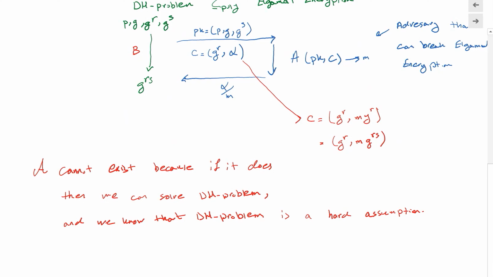So you see the pattern that whenever we want to prove the security of crypto systems, we are using contradictions, right? We assume that some hard assumption exists, and then after the proof, we show that it is not a hard assumption.